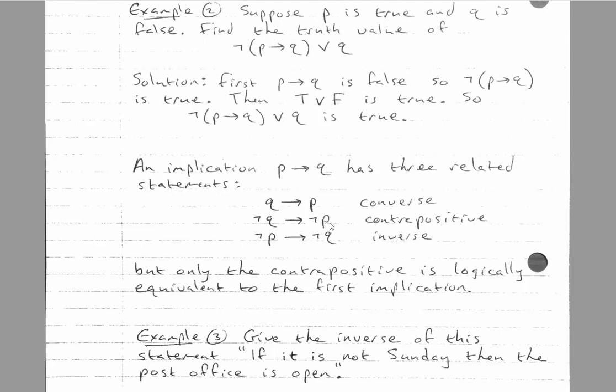The contrapositive is switching the letters and negating them. And the inverse is keeping the same letters but negating them. So the inverse of P implies Q is not P implies not Q.